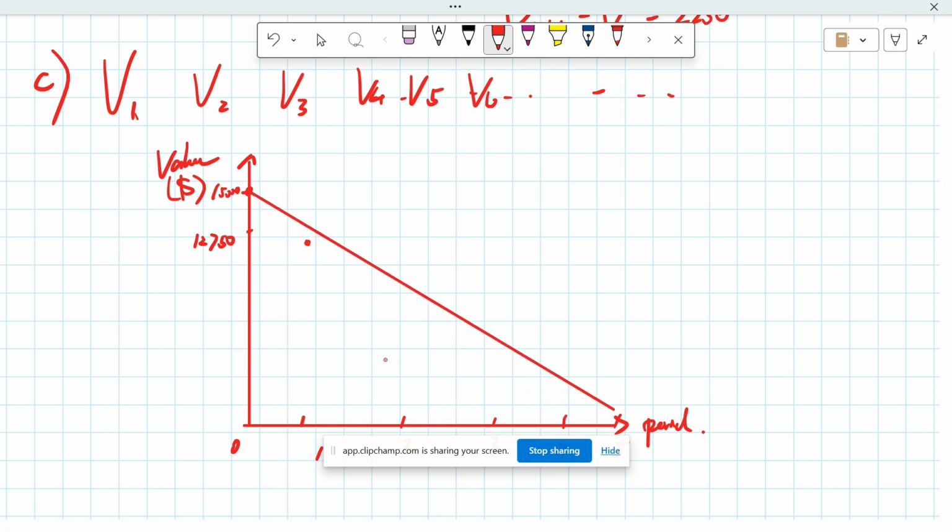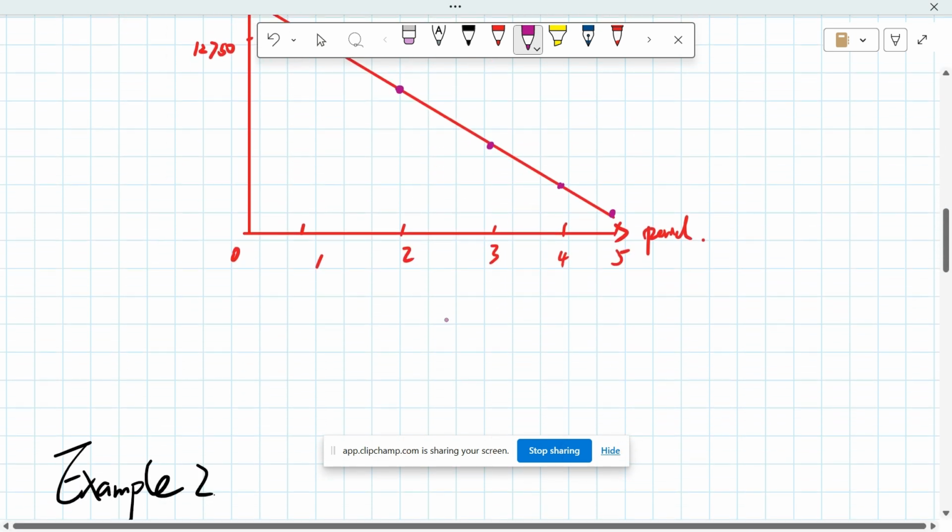Each dot is a depreciated value, so you find your values and write down the depreciation.